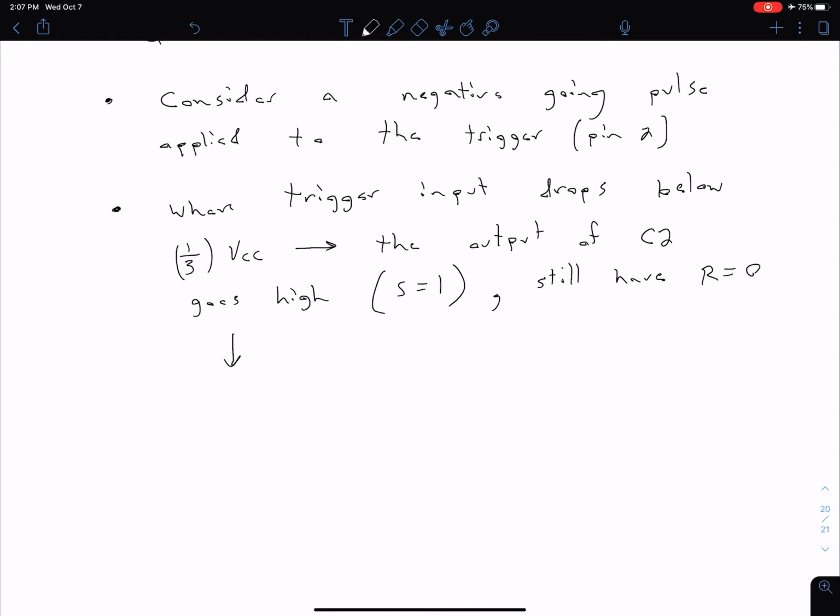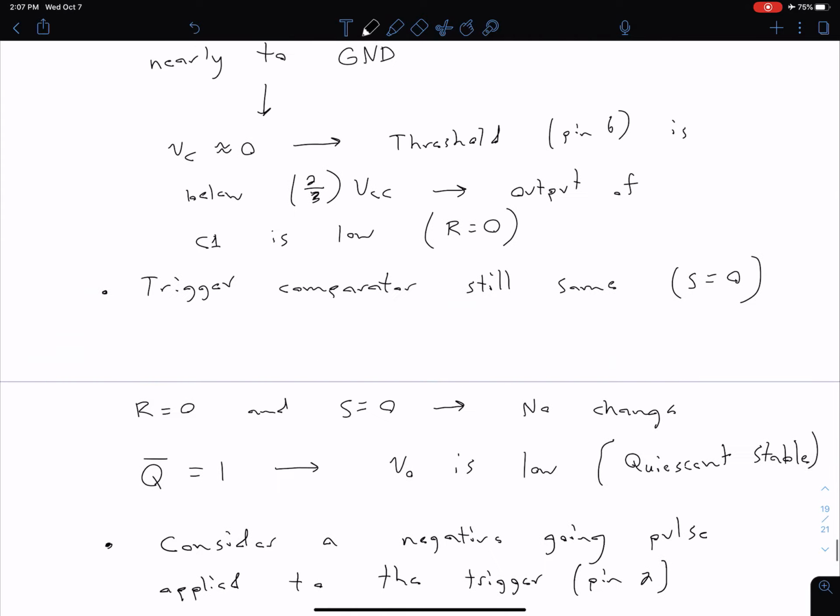And so what that means is now, again, we can go back to our truth table. If we have S equals 1, R equals 0, we have our set condition, which means our Q0 is equal to 0. And if we look at our Q0 here, if this goes to 0, that's turning our discharge transistor off.